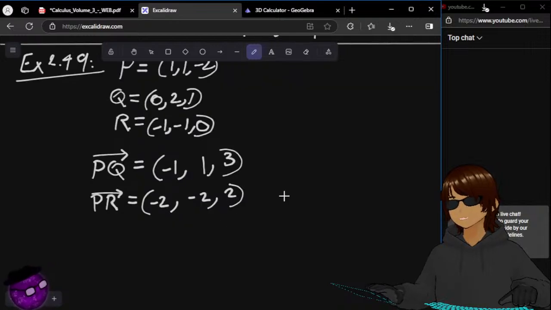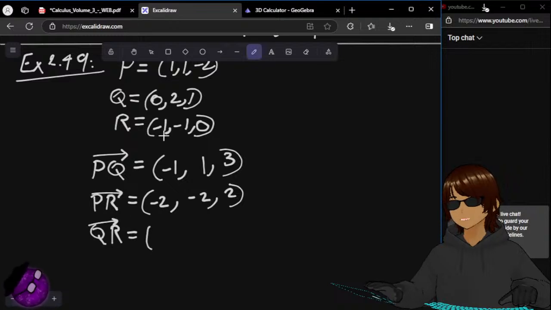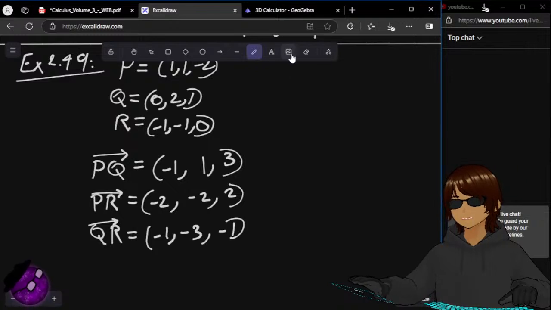And then let's just do QR as well. So QR: minus 1 minus 0 is minus 1. Minus 1 minus 2 is minus 3. Then 0 minus 1 is minus 1. These are all vectors.